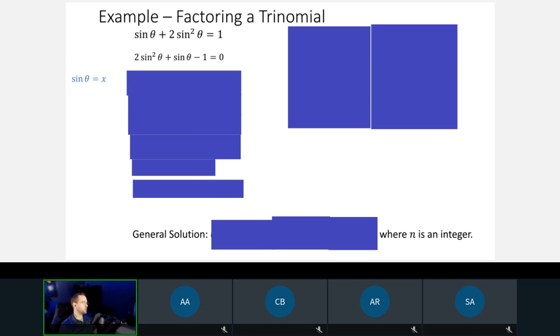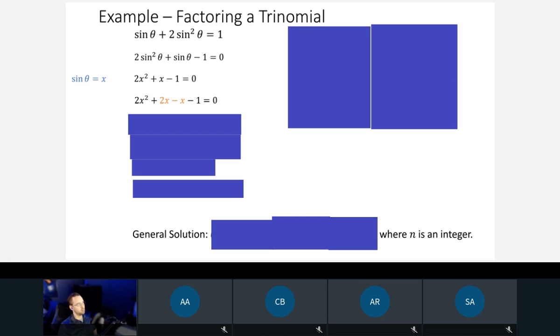So you replace sine with x, and then 2x squared plus x minus 1. Like, that's a very basic, I believe, algebra 1 factoring problem. So here's my work.